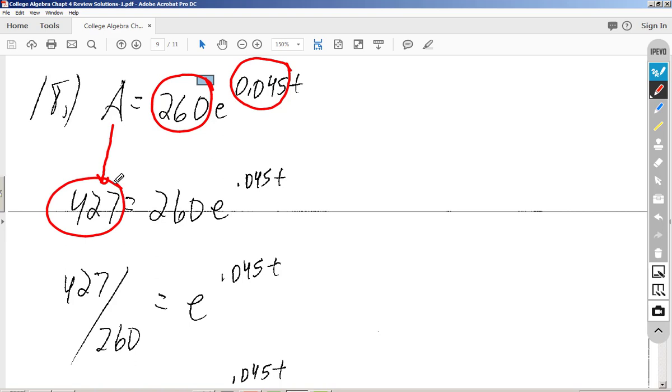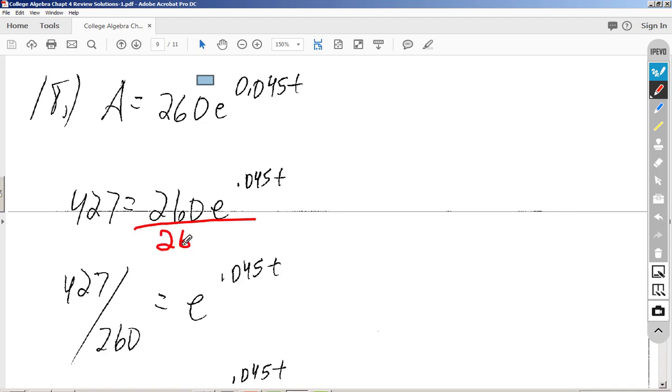And it's already in thousands, so I've got 427 equals 260 e to the 0.045t. Now all I've got to do is solve this. So remember, when you're solving your exponential equations, make sure to take care of your algebra first. So we want to divide both sides by 260.